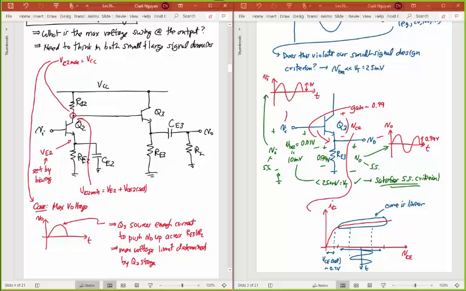It's going to be whatever the VE max is here. It's going to be whatever the maximum voltage here minus VBE is right there. So this voltage right here is going to be able to go all the way up to, if I wanted to write an expression for VE3 max.